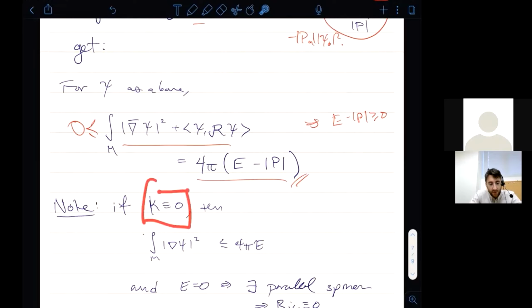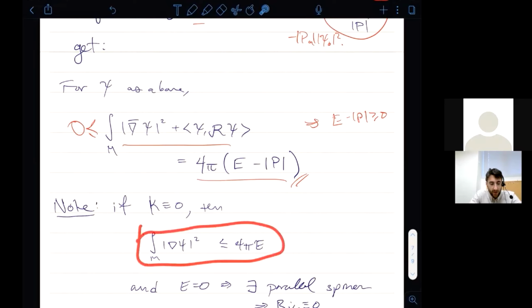If we are in the time symmetric case, say k identically vanishes, the second fundamental form k vanishes. Okay, so then we're in the scalar non-negative setting of the manifold M. That's the dominant energy condition. And it says in the integration by parts formula we just found that the total energy is bounded below by the square norm of the gradient of the harmonic spinor.